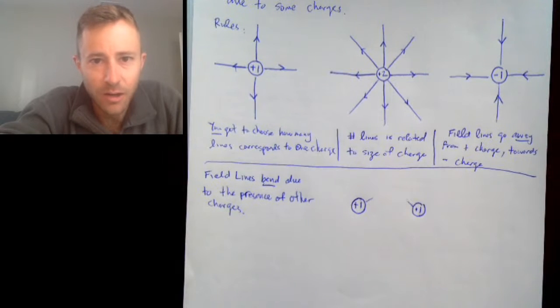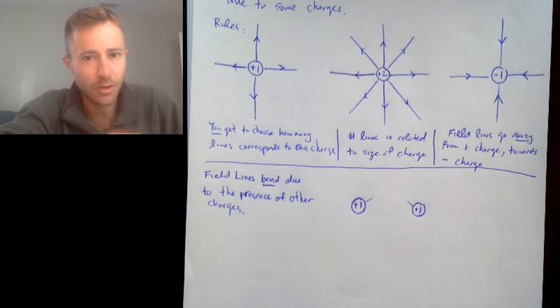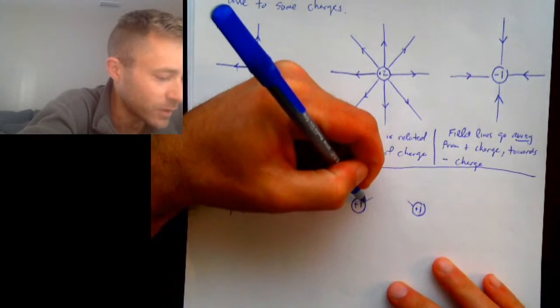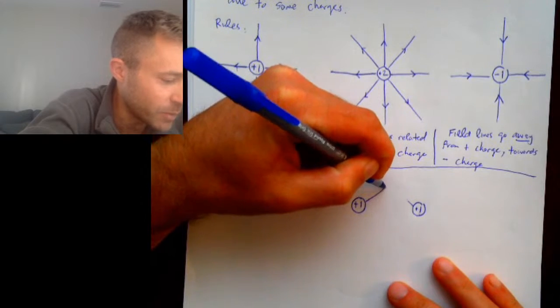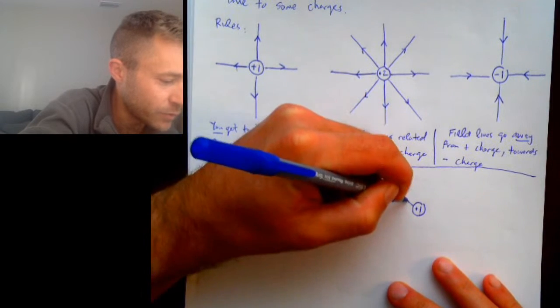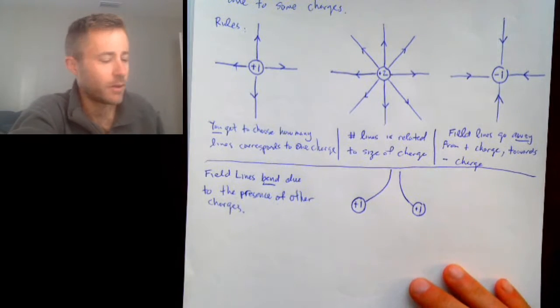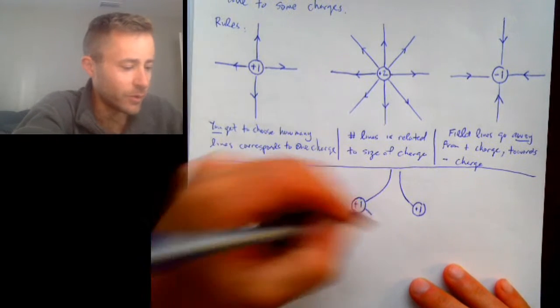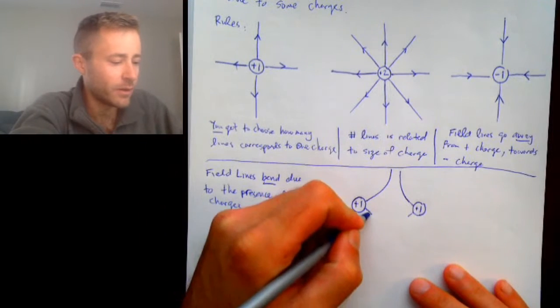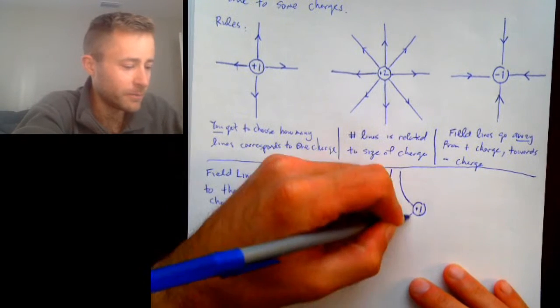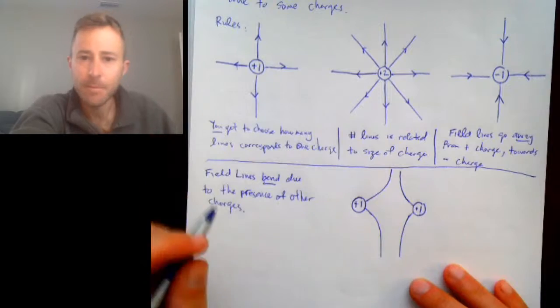Field lines cannot cross, so they bend to avoid crossing. So in this case, the field line is going to bend up like that, and here for this field line and this field line, they are going to bend down like that.